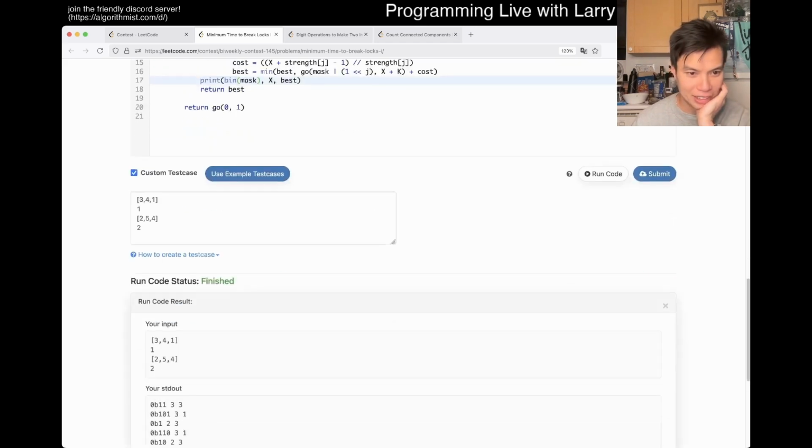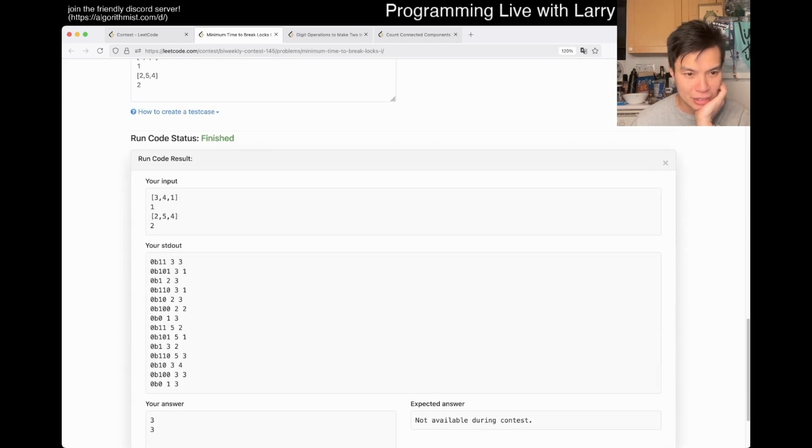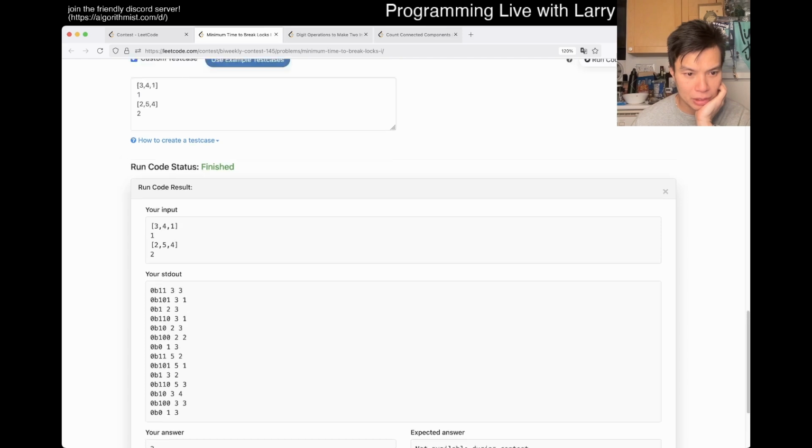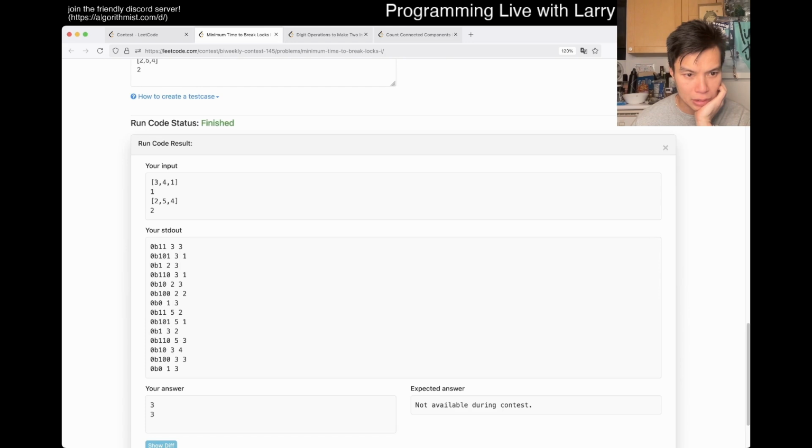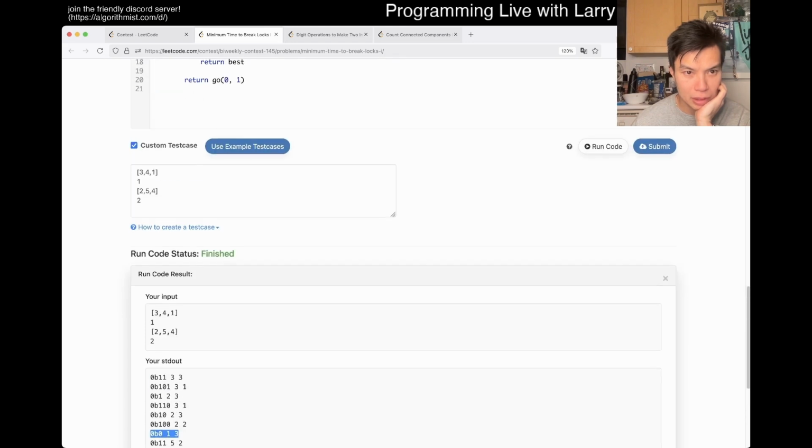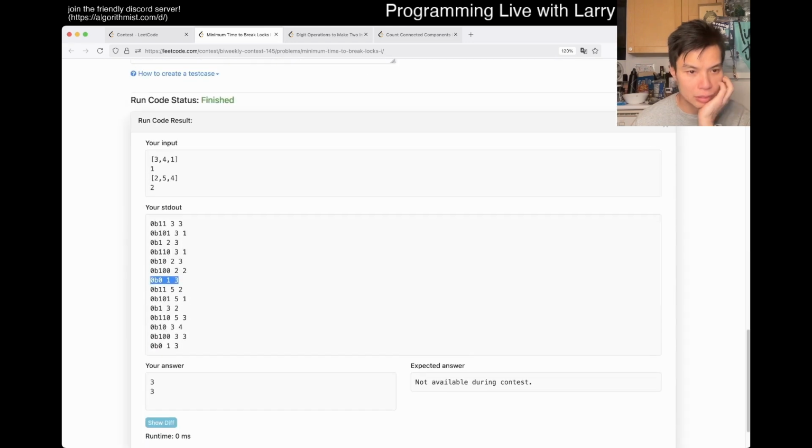Debugging sucks. Okay, so start at 0. Where's the 0 key? Oh, this is the 0 key. Yeah, so it's 3 because doing this is 2.